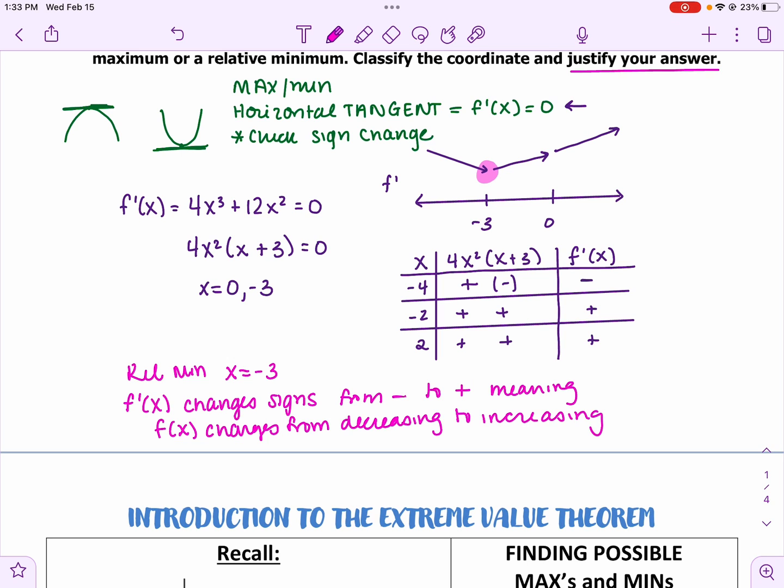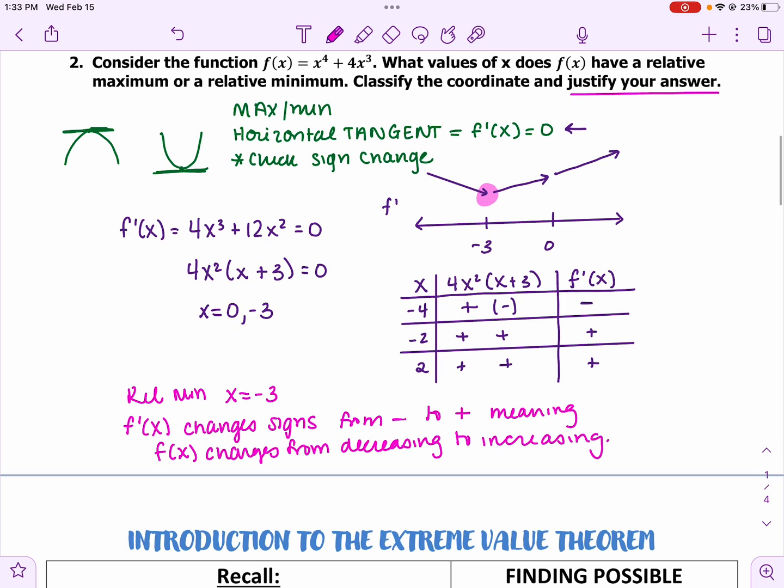Because they will ask you a lot on the AP to justify why something is a maximum or why something is a minimum.